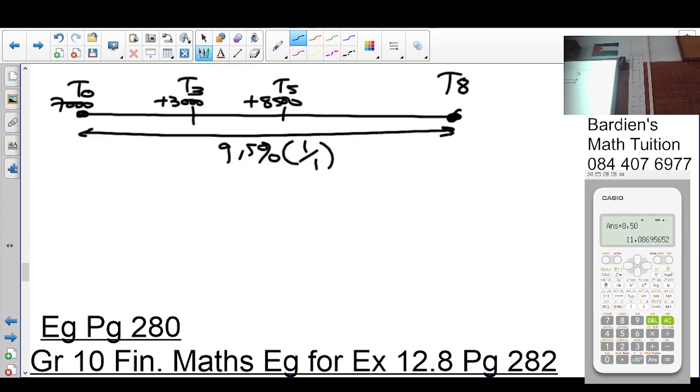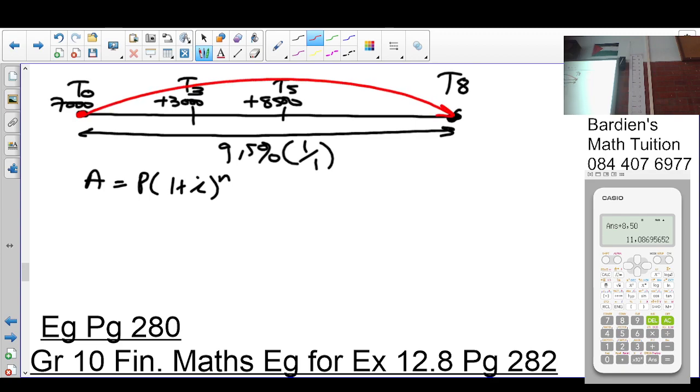What's my formula? A is equal to P into 1 plus i to the exponent n. So I consider what happens to the 7,000 Rand for the duration of time. It is growing with interest all the way to the end.